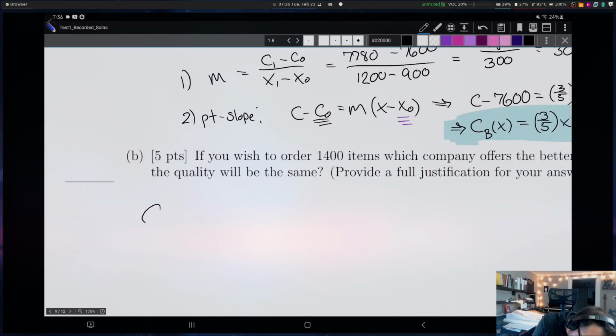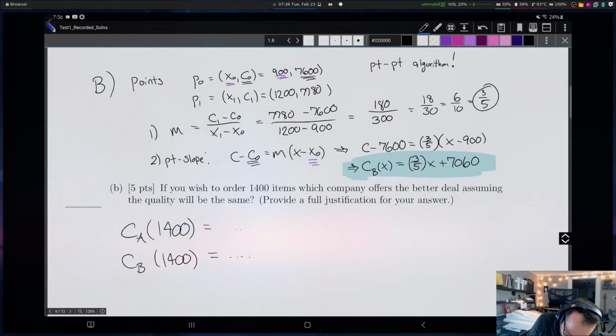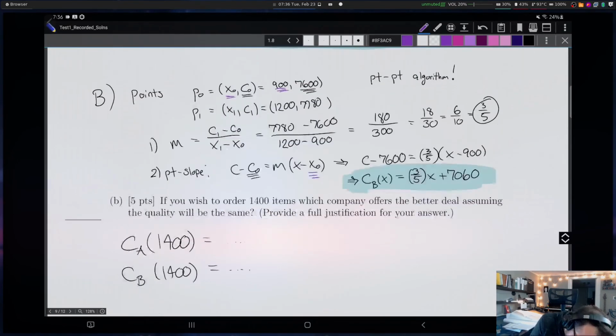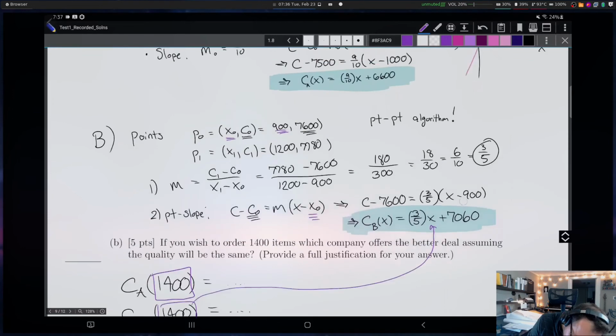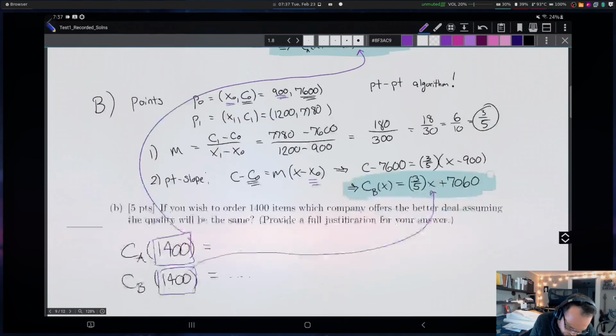So we want to evaluate C_A at 1,400 and get something, and evaluate C_B at 1,400 and get something. All that really amounts to is plugging 1,400 in there and plugging 1,400 in there and seeing what numbers you get out of that.